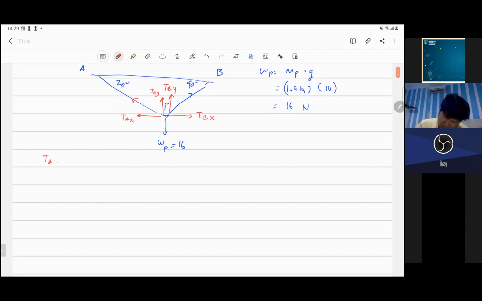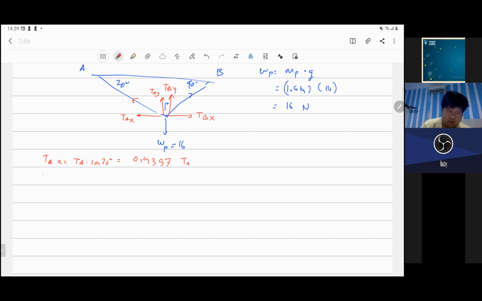Tension A on the x-axis is going to be tension A times cos 20 degree. Anybody got a calculator? What is cos 20? 0.9396. Very good. 0.9397 of TA.